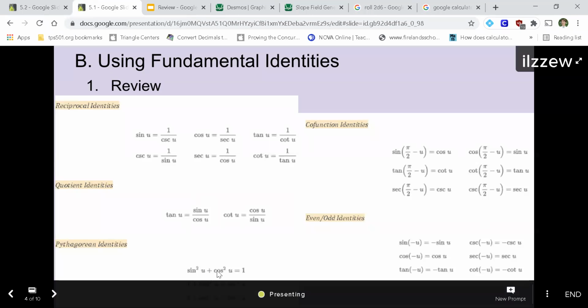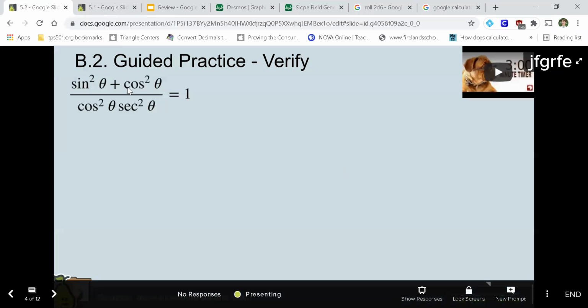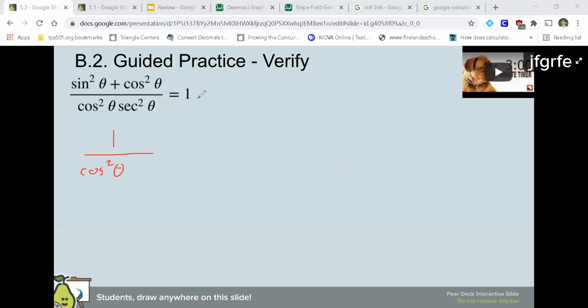Same one, sine squared plus cosine squared is 1. And hey, look at that, sine squared plus cosine squared, that's just 1. Pythagorean identity.